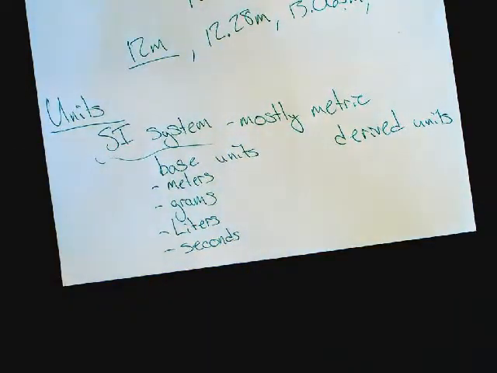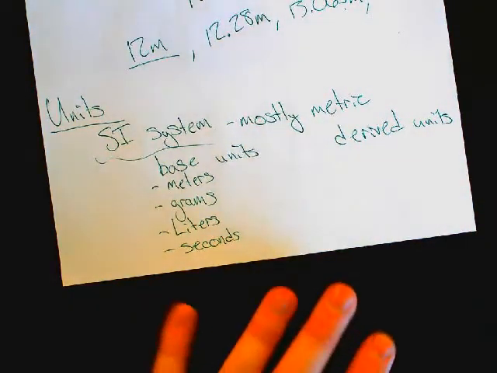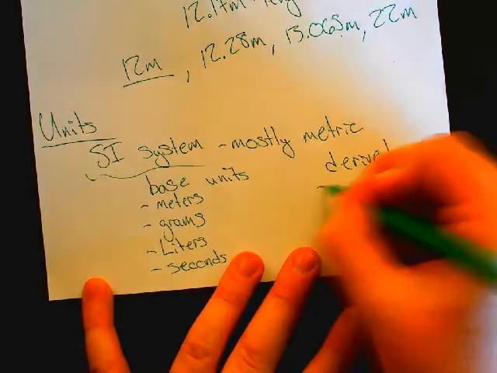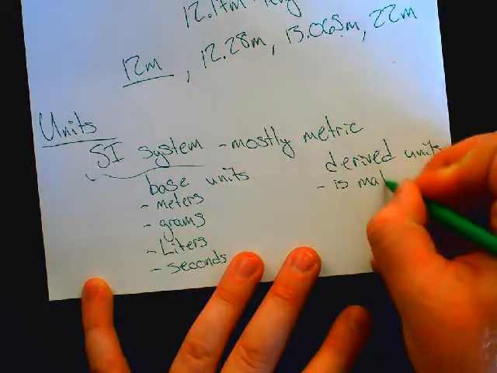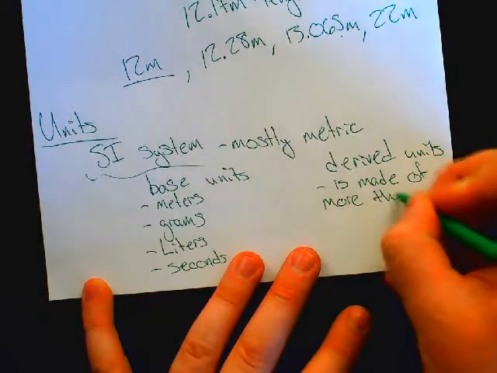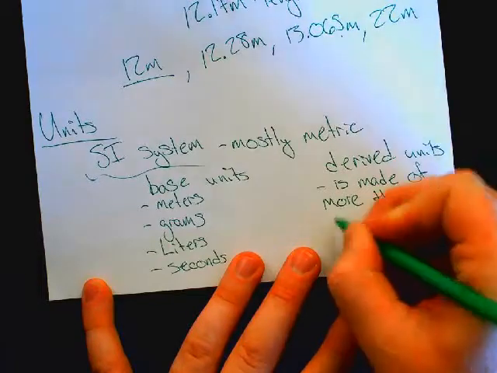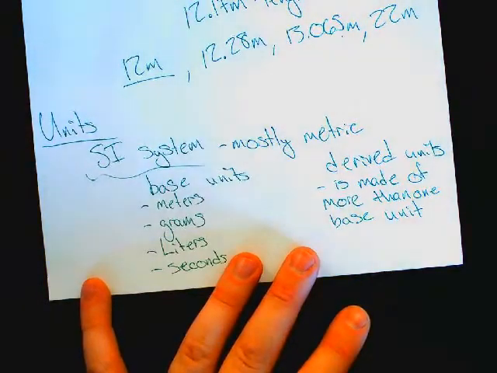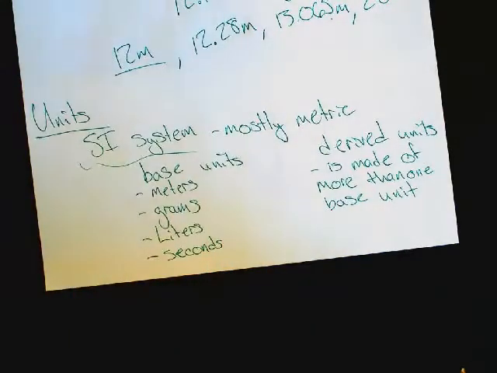And a derived unit is a unit that takes any two base units and combines them. So it is made of more than one base unit. The one you guys probably use most commonly is used for determining speed. What's the unit you use when you talk about speed?